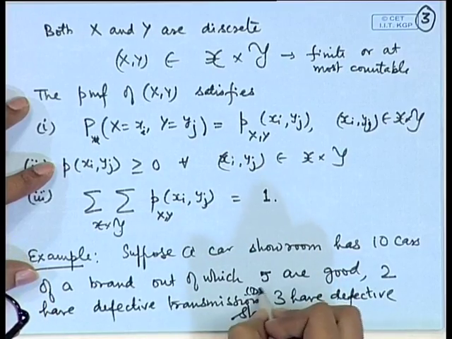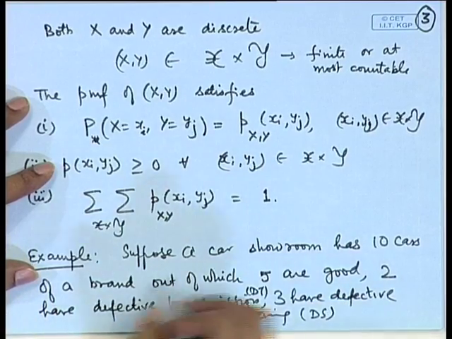So, we call them DT and DS, and good are G.